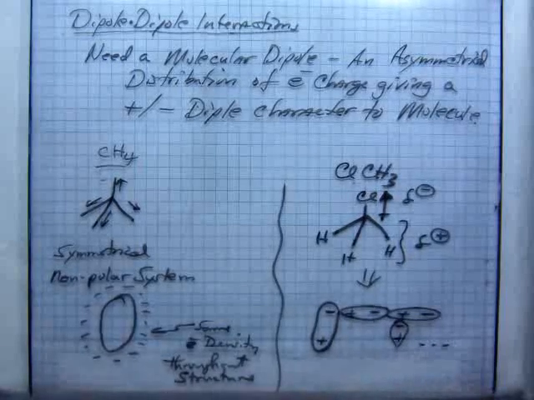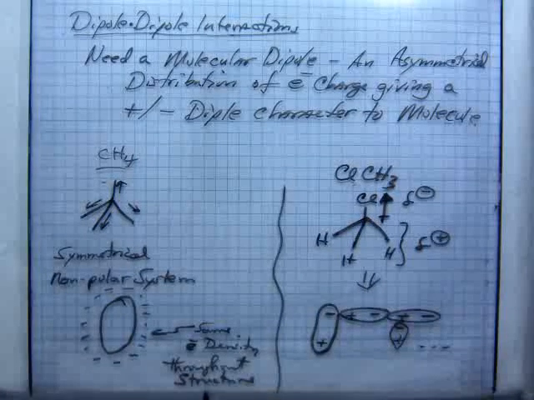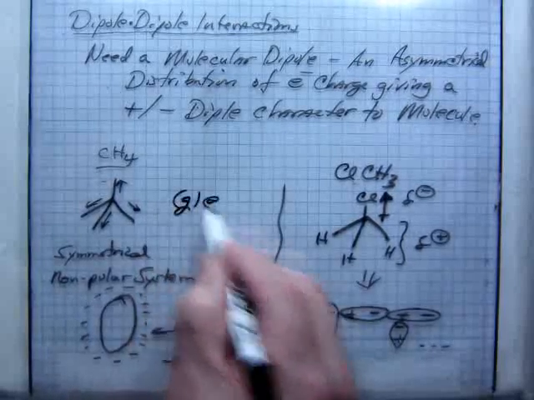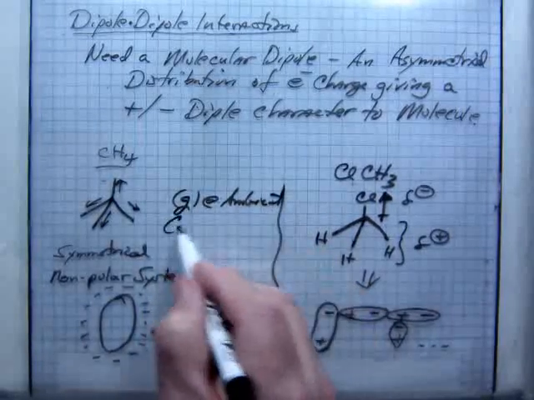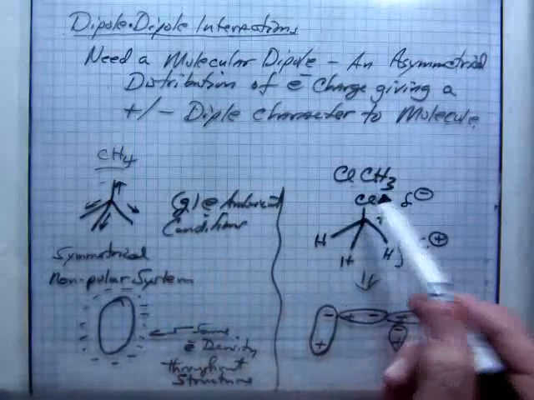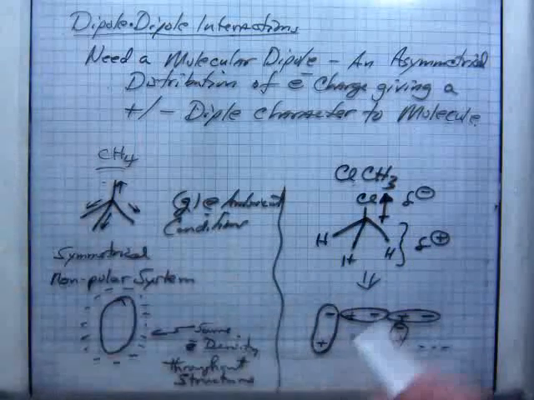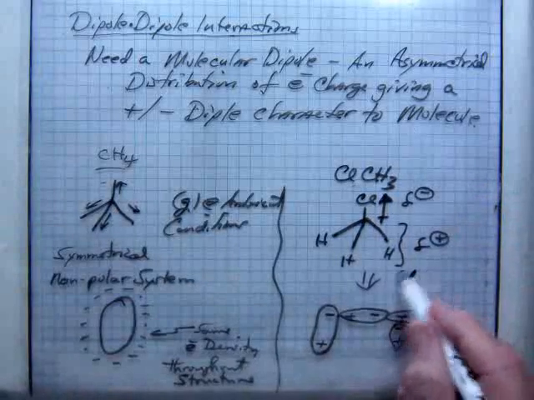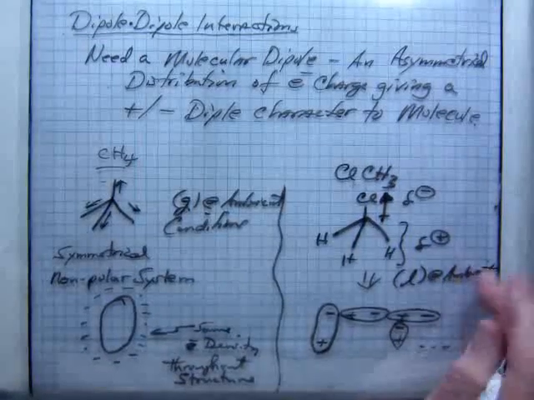Now, something that has the same electron density throughout is nonpolar. This would be a gas at, say, ambient conditions. But only changing one element in the structure creates that separation of charge, or makes the dipole, and this is a liquid at ambient.